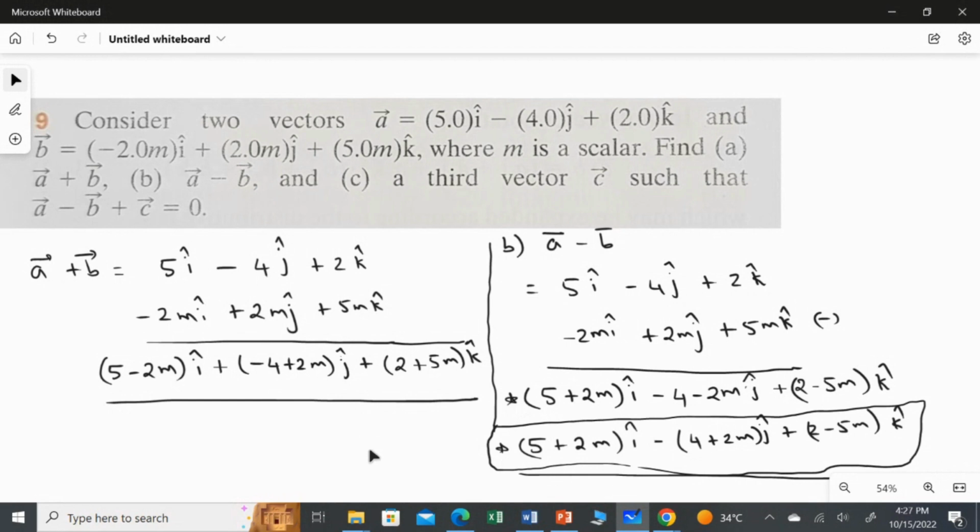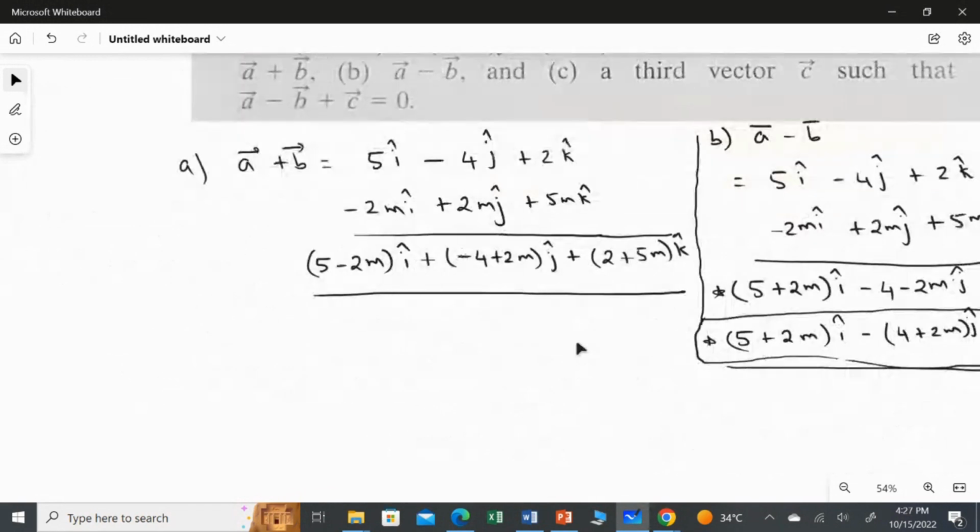Okay. And then third part, we have to find the value of C by using the relation A vector minus B vector plus C vector is equal to 0. Clear? So therefore, I'm going to take these two terms to that side. So C vector is equal to B vector minus A vector.